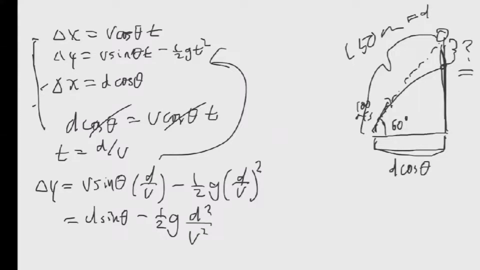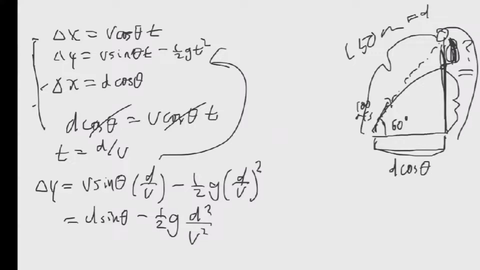And finally, what does the problem ask us? Well, it asks us to find this distance here, right? And y we defined as this distance here. So we want this big distance minus our y.